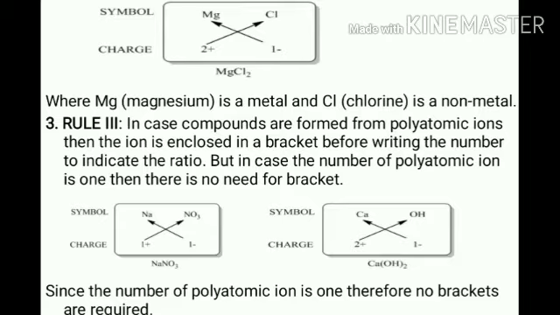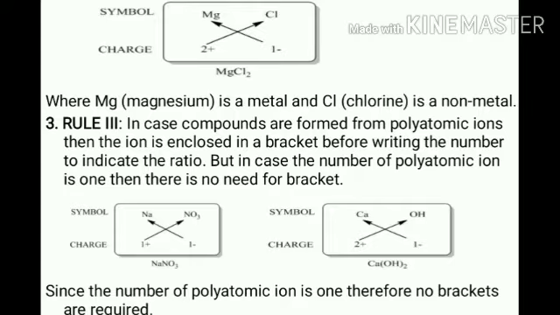Polyatomic ions mean ions containing more than one atom. When an ion contains one atom, it is called a monoatomic ion. For example, NO3 nitrate, NO2 nitrite, and sulfate, SO4 2-, are called polyatomic ions. When polyatomic ions are present, before writing the number of the polyatomic ions, you should use the bracket.